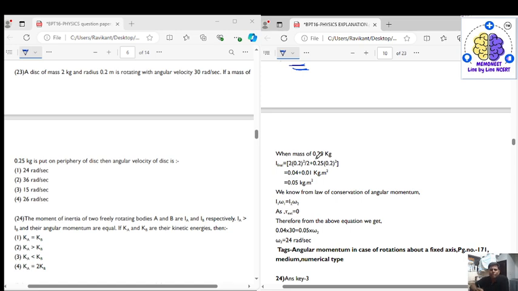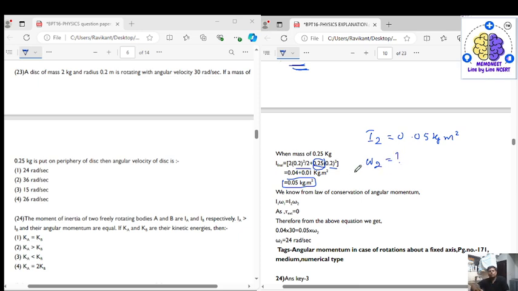So now the moment of inertia changes to 2 into m r square plus m into r square, where m means the small mass 0.25 kg placed on the periphery. So the new moment of inertia is I2 is equal to 0.05 kg meter square. They are asking us to calculate omega 2.